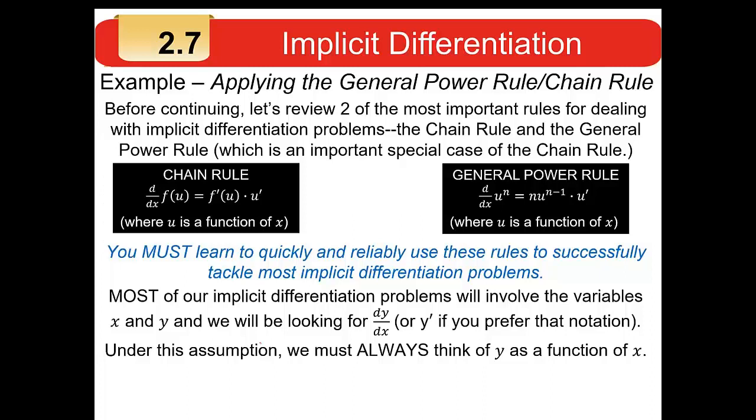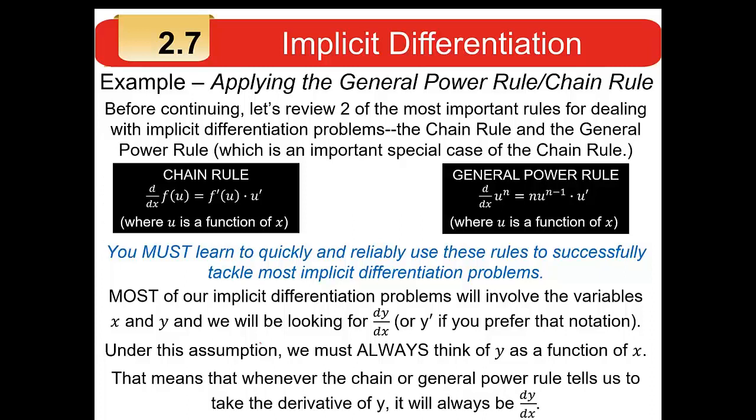Keep in mind that we always have to think of y as a function of x. In other words, y is something that's got x's in it. That means when you take the derivative of y, you get y prime or dy over dx.